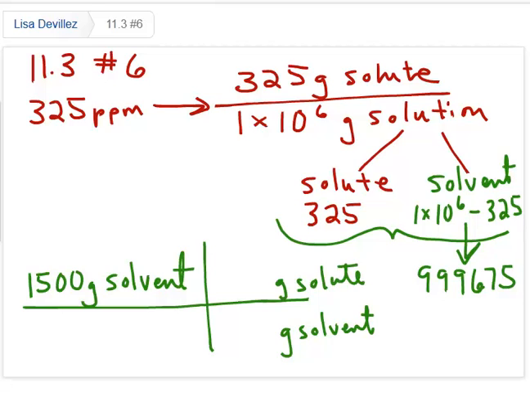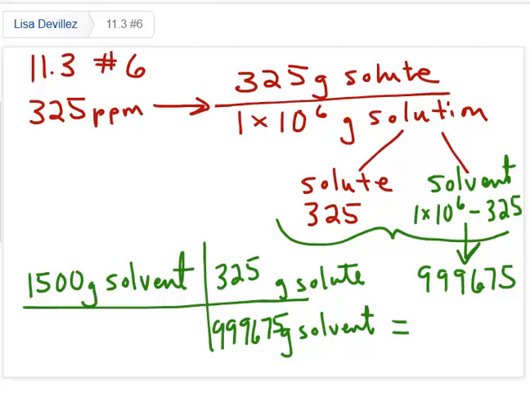All right, and so the way I broke down that parts per million unit tells me that's 325 to 999,675 there.